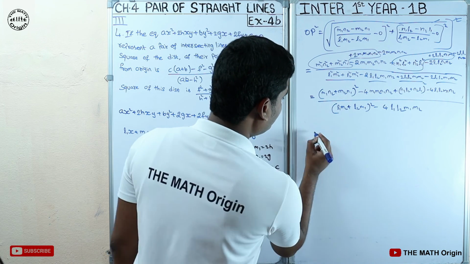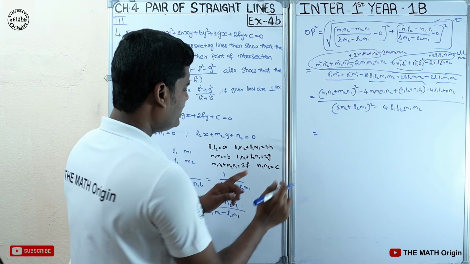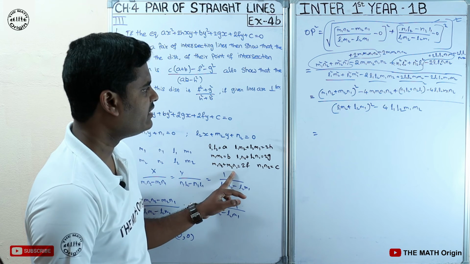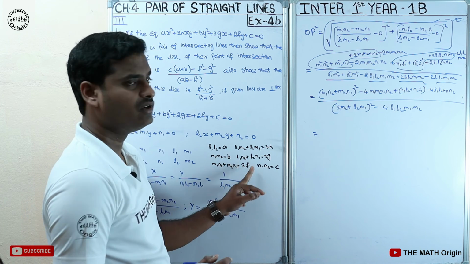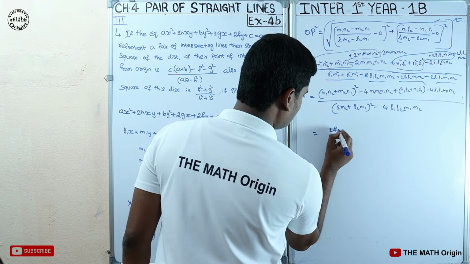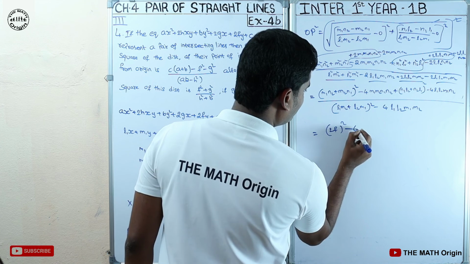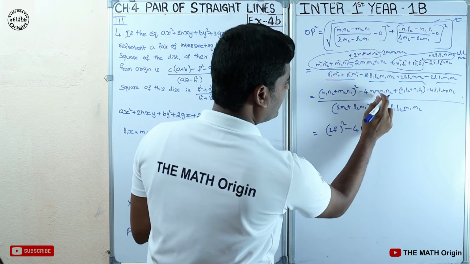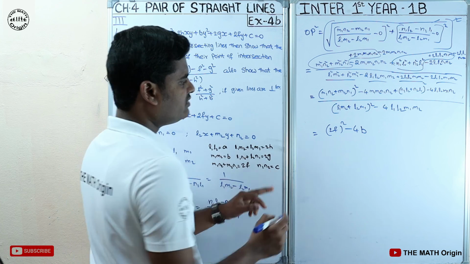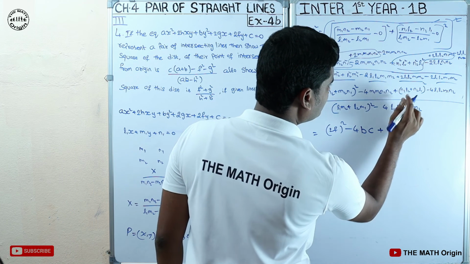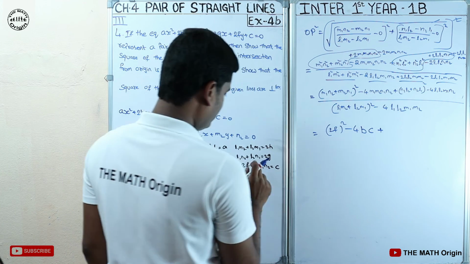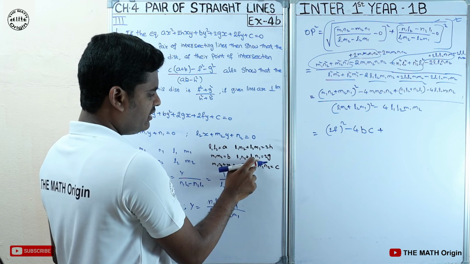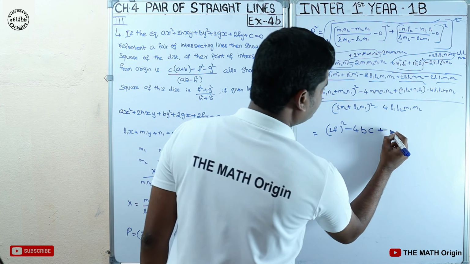Now if you see here, m1 n2 plus m2 n1 is 2f, whole square. This is 2f whole square minus 4 into m1 m2, where m1 m2 is b and n1 n2 is c, plus this value n1 l2 plus n2 l1 is 2g.